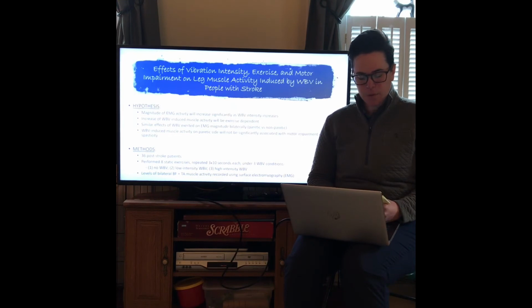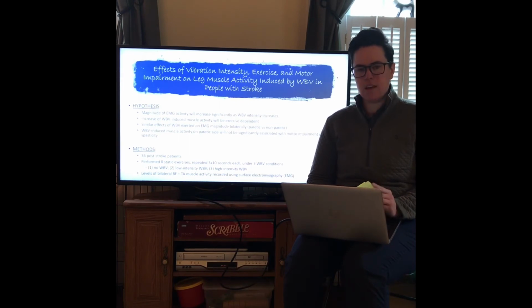The second point would be that an increase in the whole body vibration induced muscle activity will be exercise dependent, and that the patient will experience similar effects bilaterally, paretic and non-paretic side. And an increase in muscle activity recorded with the EMG will not be influenced by motor impairment or spasticity.